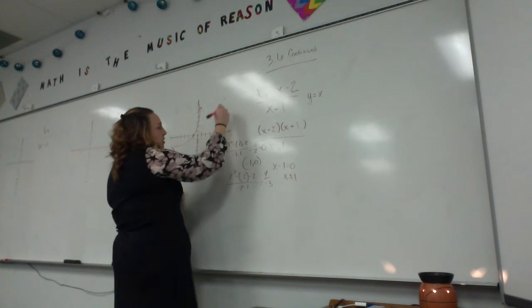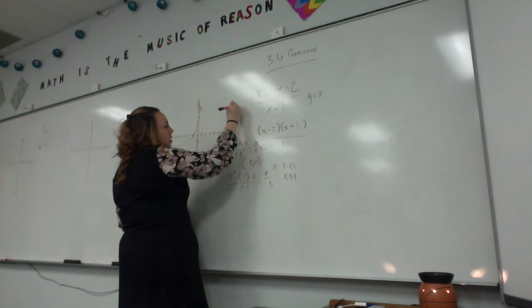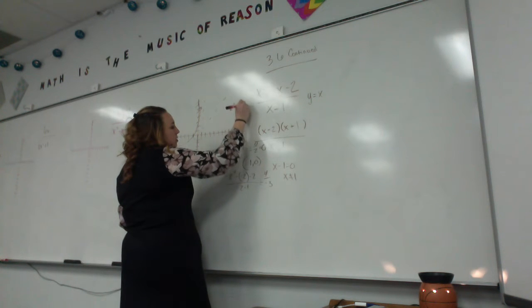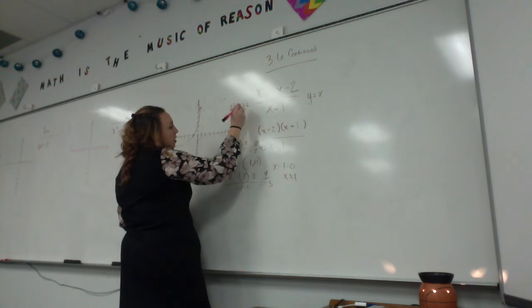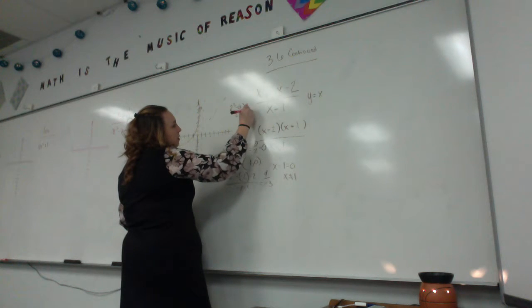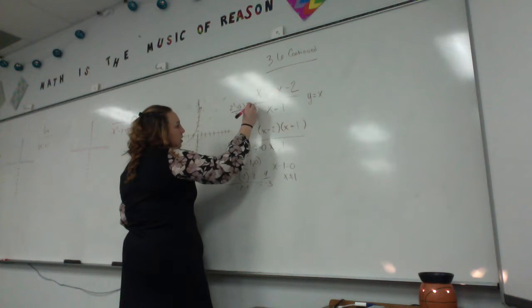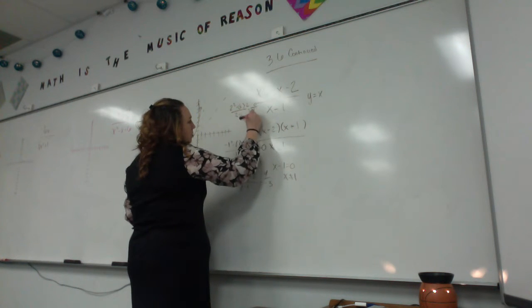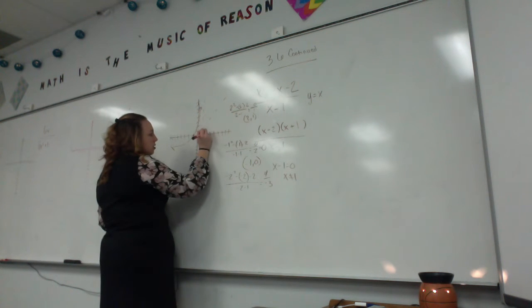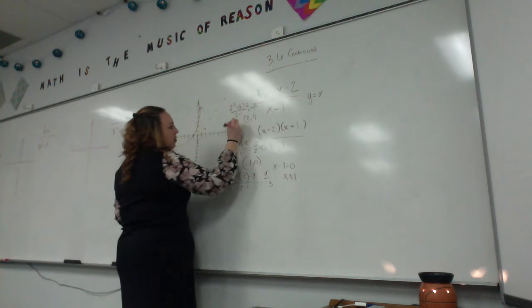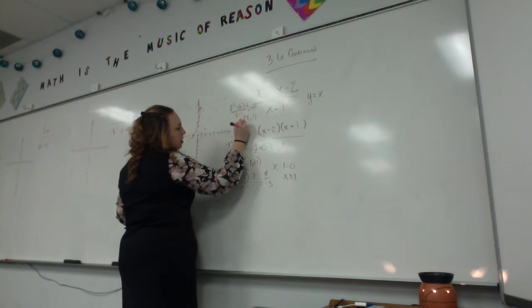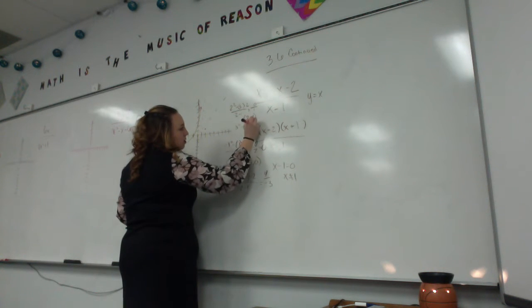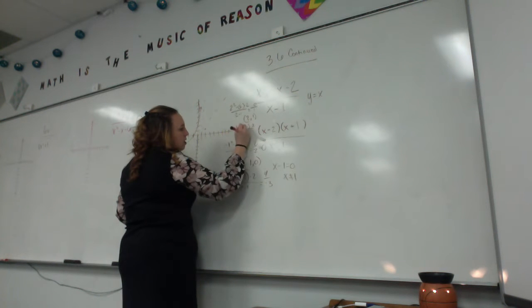If I plug in +2, I have 2 squared minus 2 over 2 minus 1. So I get 0 over 1. So 2, 1 is the solution. Then if I plug in 3, I get 3 squared minus 3 minus 2 over 3 minus 1.